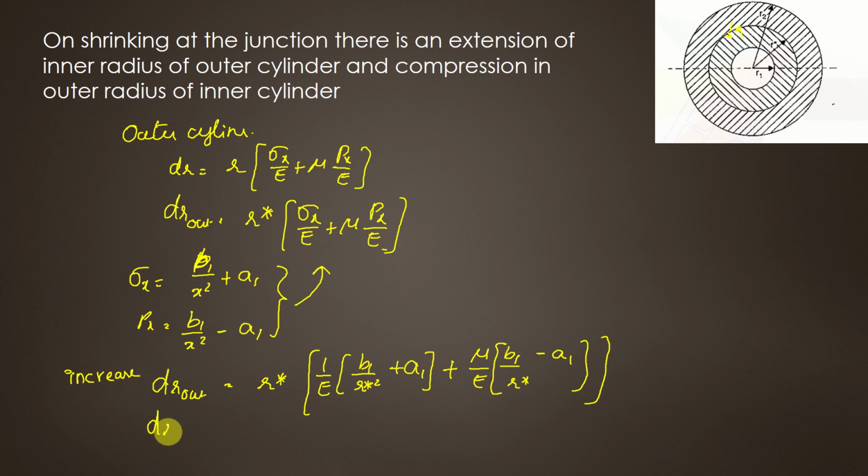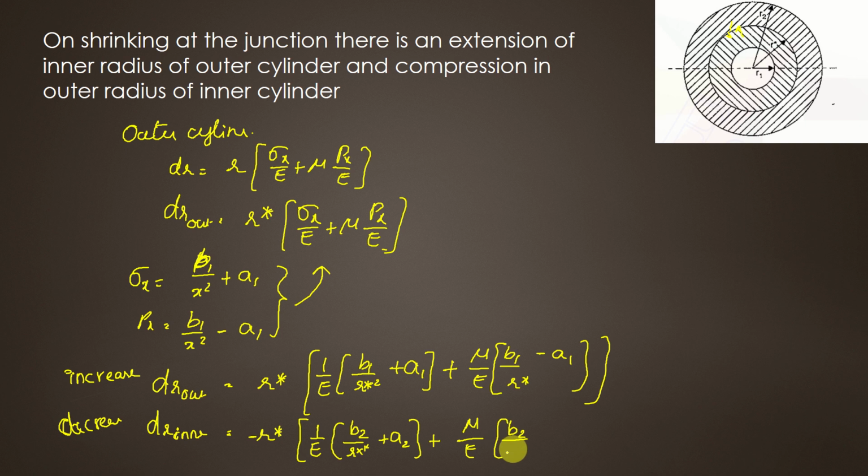For an inner cylinder there will be some compression, that means a decrease in radius. dr inner, I will write it as r star in the same way, but it is minus r star into 1 by E into B2 by R star square plus A2 plus mu by E into B2 by R star square minus A2, right?